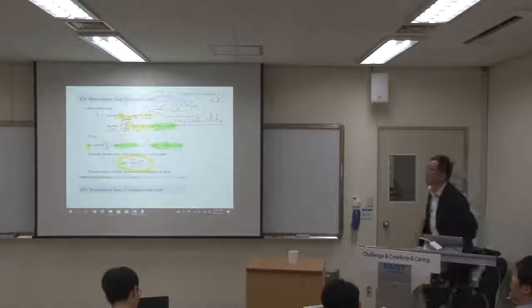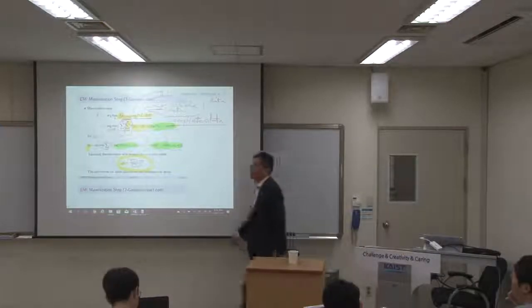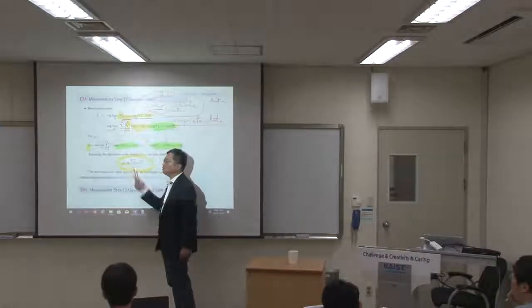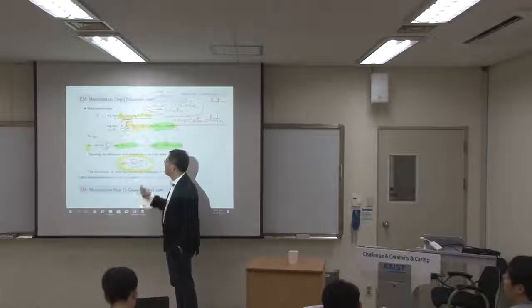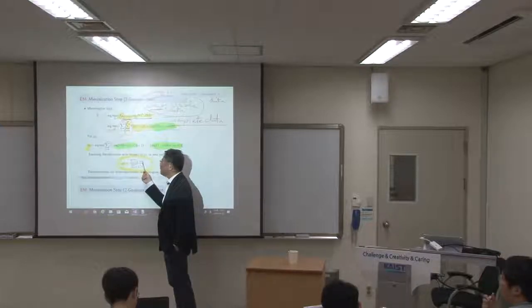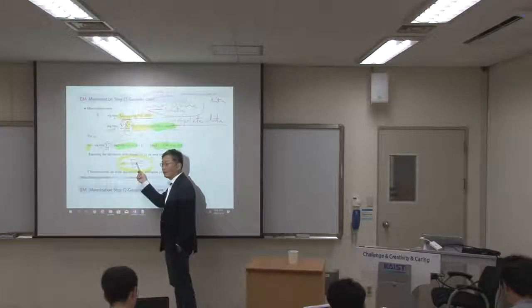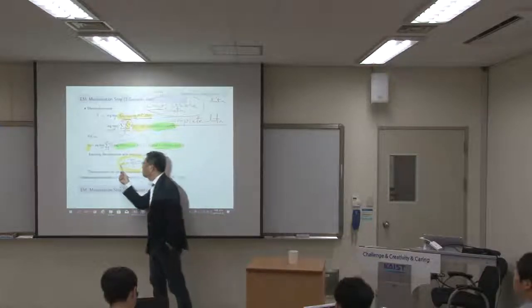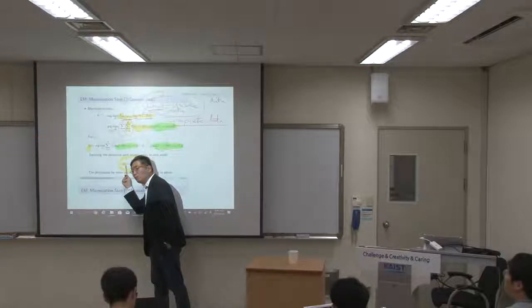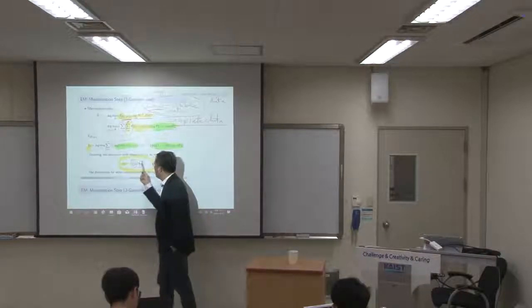Is there a meaning to this solution? It's all the data, there are n data. So what is this? This is the mean of the red one, right?